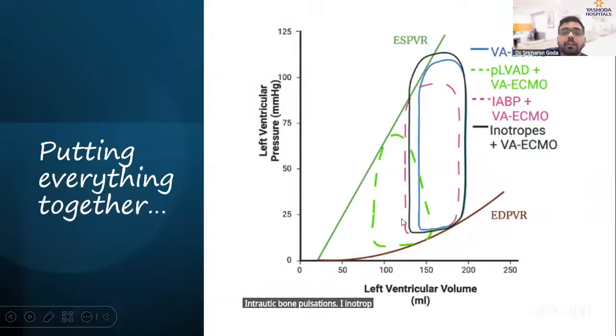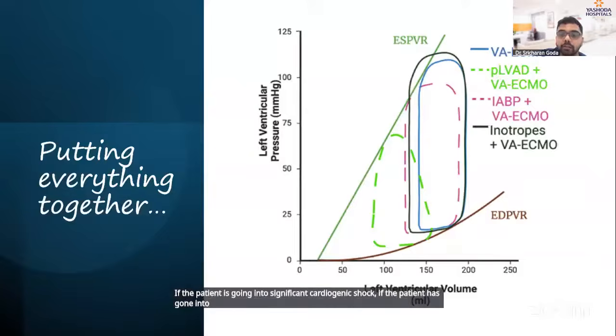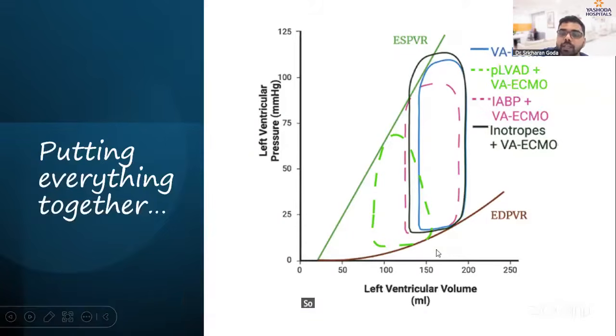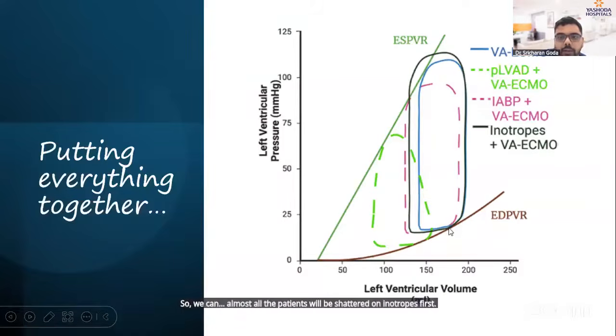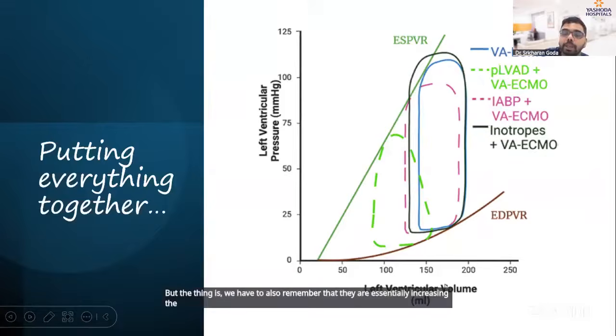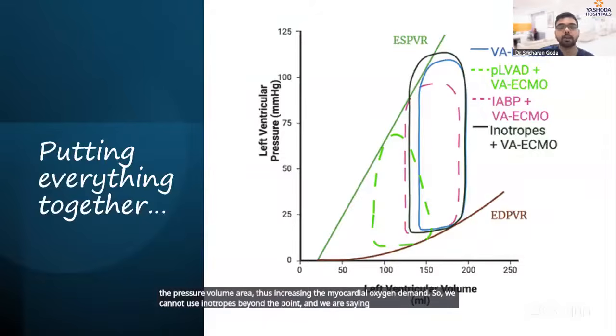Inotropes are the primary or first line therapy if the patient is going into significant cardiogenic shock, or if the patient has gone into LV distension on VA ECMO. So almost all the patients will be started on inotropes first. But we have to also remember that they are essentially increasing the pressure volume area, thus increasing the myocardial oxygen demand. So we cannot use inotropes beyond a point, or else we are essentially harming the heart here.